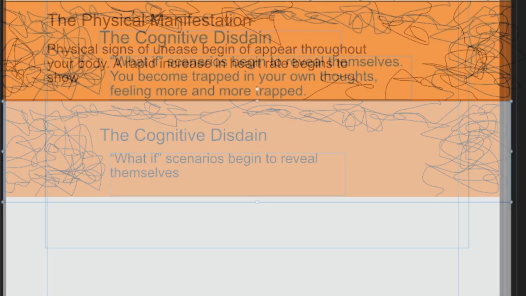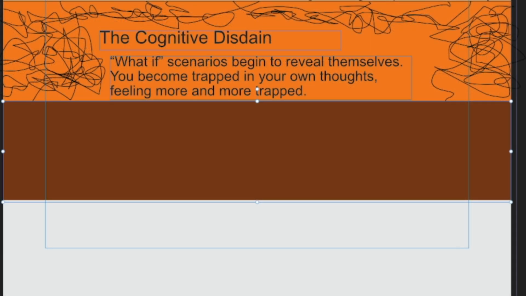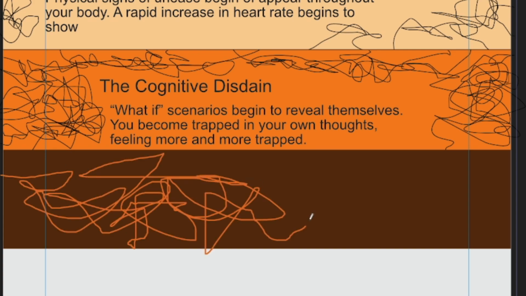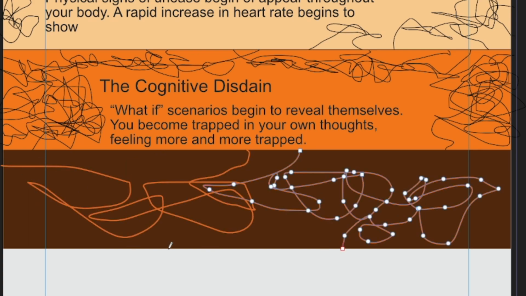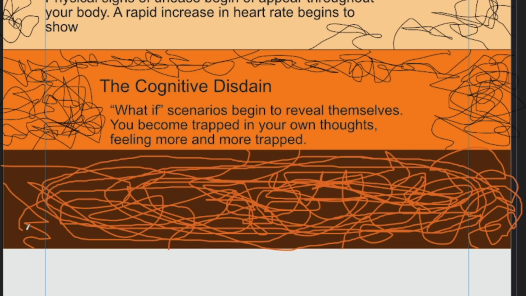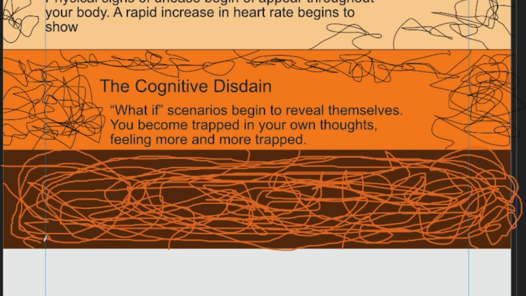Stage 4, the loss of control. This is the darkest stage, and the background shifts to a dark orange. The line is no longer a frantic series of swirls, but a dense, chaotic mess of a single sporadic line.